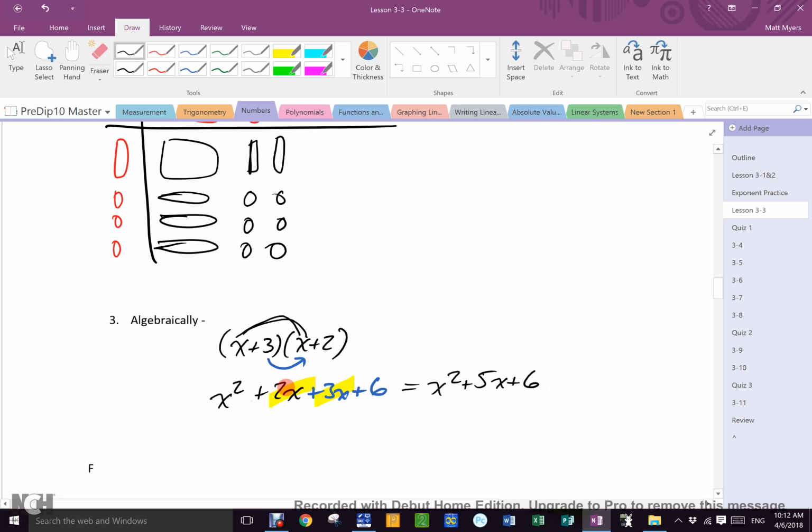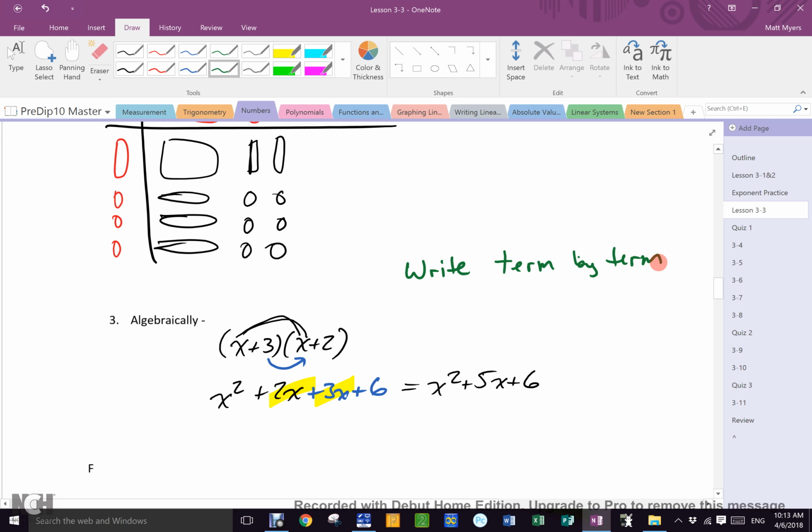Now, this is lovely, but I like to do something a little different because we could multiply more than these little numbers, couldn't we? We could multiply a trinomial by a trinomial, couldn't we? So here is what I like to do. I go term by term.